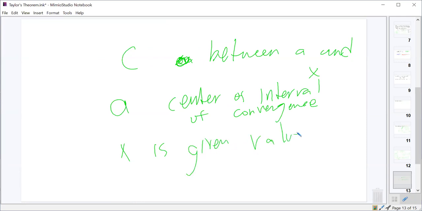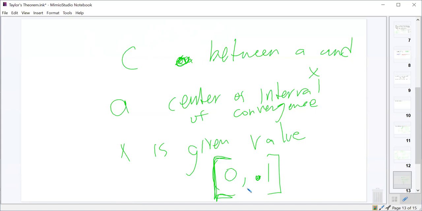So I think I said 0 to 0.1 is what we were looking at, right? And that is what it should have been. For this particular one, we are looking at 0 to 0.1. That's a good question. I shouldn't have said that.